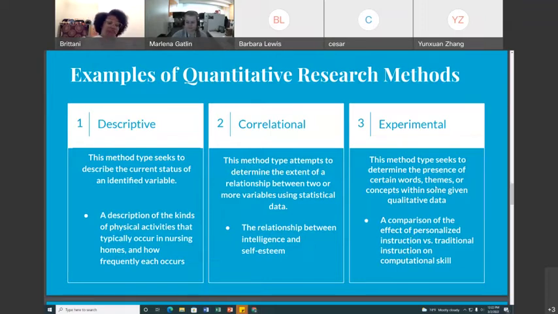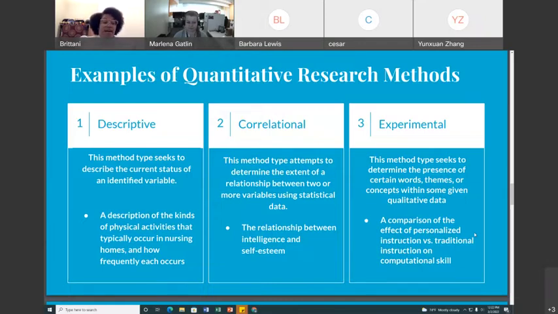The researcher in this case doesn't usually begin with a hypothesis, but is likely to develop one after collecting data. So the analysis and synthesis of the data provide the tests of the hypothesis. An example of this is a description of the kinds of physical activities that typically occur in nursing homes, or how frequently each occurs.